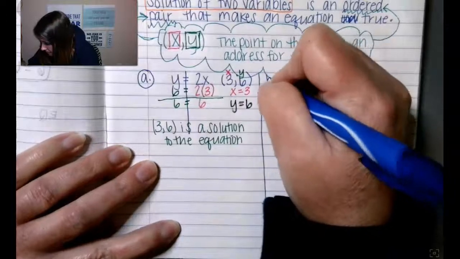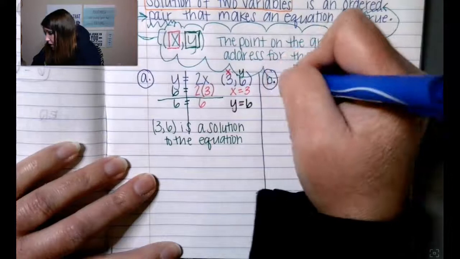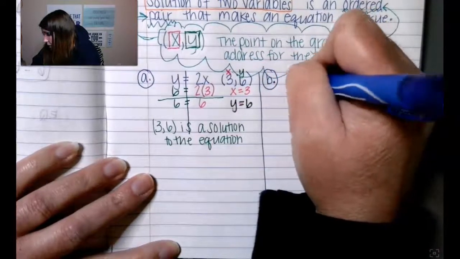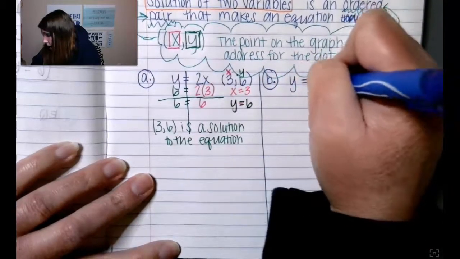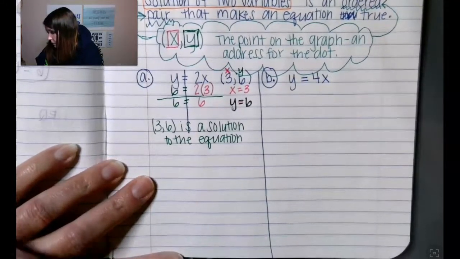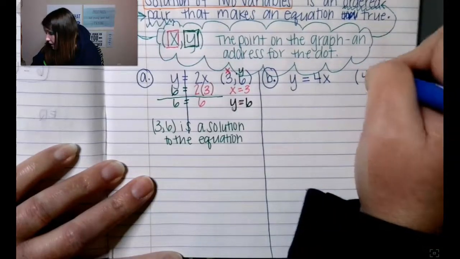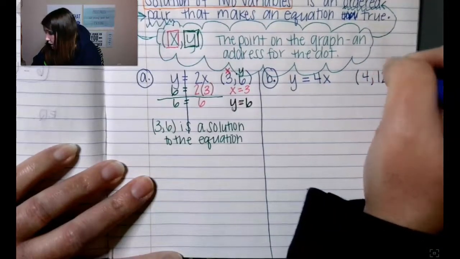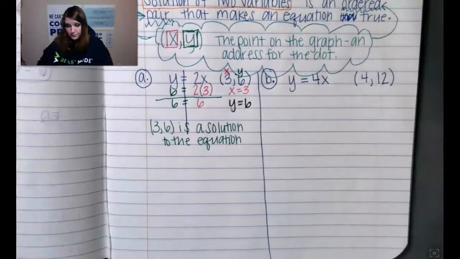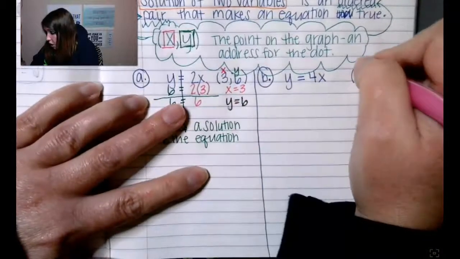Okay, B. Example B says y equals 4x, where 4 is x and 12 is y. Okay, let's do our letters here.